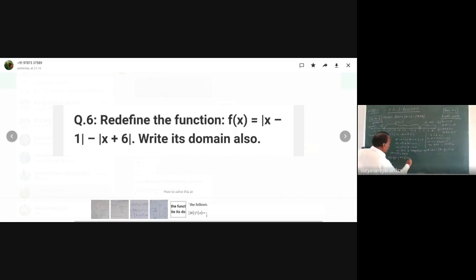Now let us simplify here. 1 minus x minus x plus 6. 7 minus 2x. In this interval, we can redefine f of x is equal to 7 minus 2x. Indirectly, we are removing the modulus symbols.